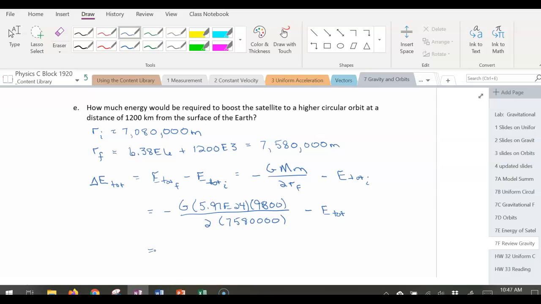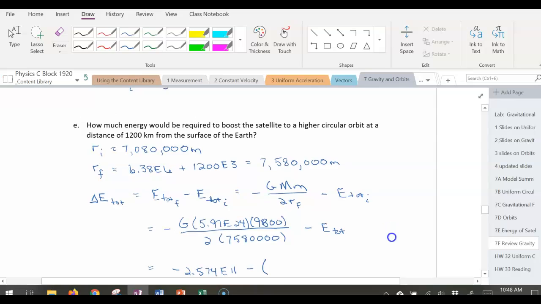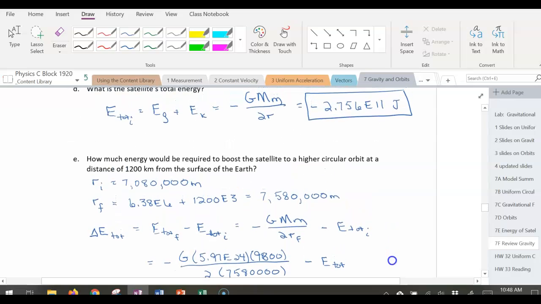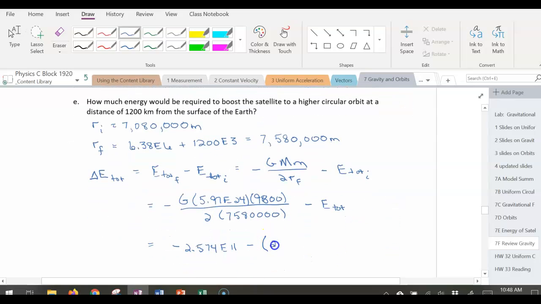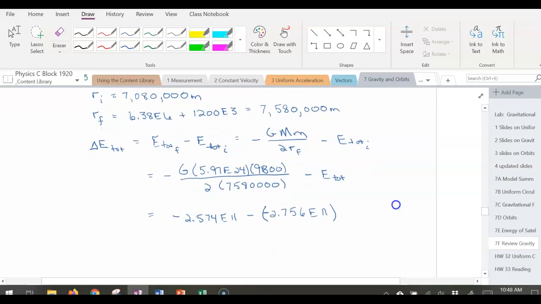So I have a final total energy of negative 2.574 times 10 to the 11th, and I'm going to subtract my initial total energy of negative 2.756 times 10 to the 11th.